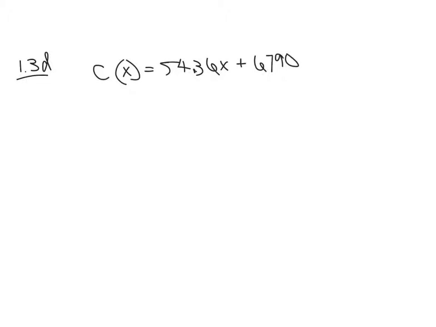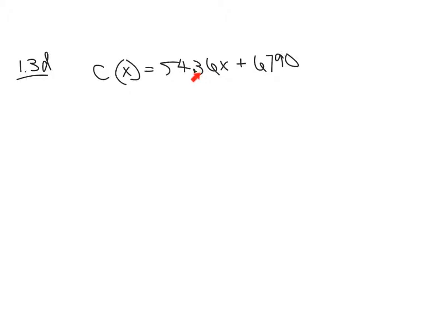Okay, this is a linear function. Again, you know it's linear because there's no exponent on the x except the assumed 1, and the x is not in the denominator position, nor is the C of X in the denominator position. Okay, so the slope of this, because it is written in the y equals mx plus b form, the slope is 54.36.